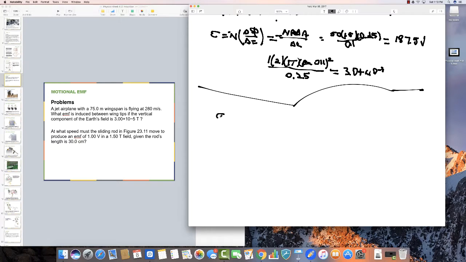Okay, let's look at how we would do this problem. Remember, motional EMF is equal to the field times the length times the velocity. So this is going to be 3 times 10 to the minus 5 times the length, which was 75 meters in this case, times the velocity, which is 280 meters per second.